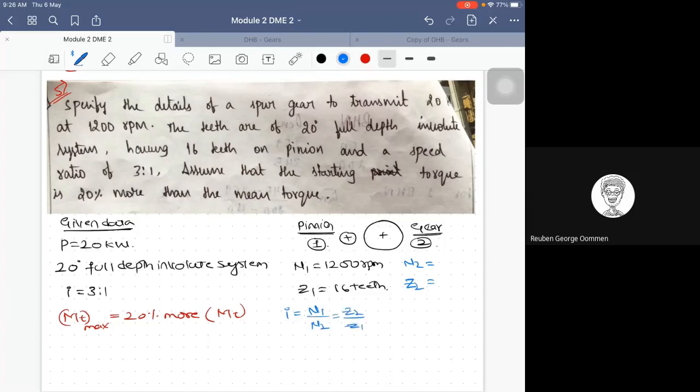From this you can calculate the values of N2 and Z2 as 400 RPM, and this one is 48 teeth.